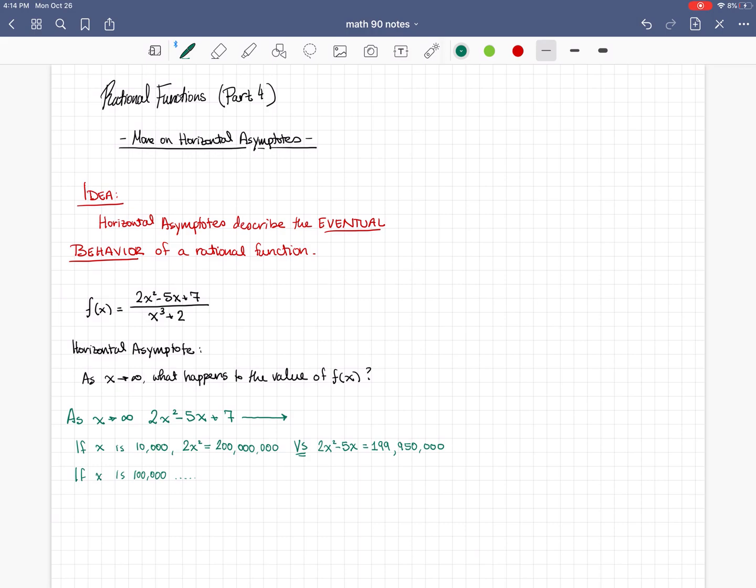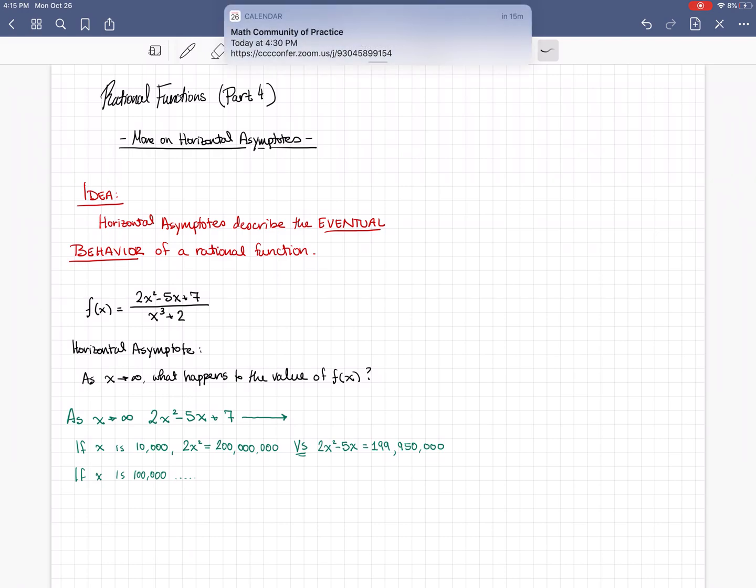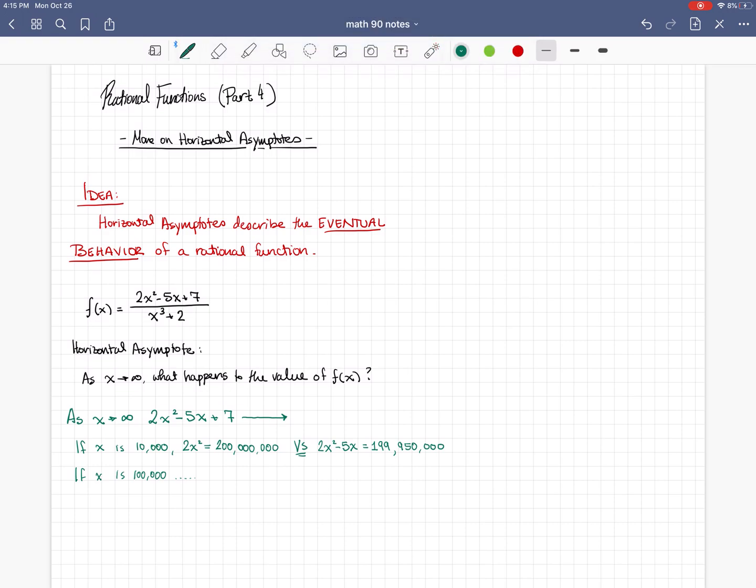It's a very, very small sum of money relative to what they have. So what you see more and more is the bigger x gets, the less impact that minus 5x has on the 2x squared. And again, this is going to continue being more and more the case. As x grows beyond all bound, as x tends to infinity, it keeps getting bigger.